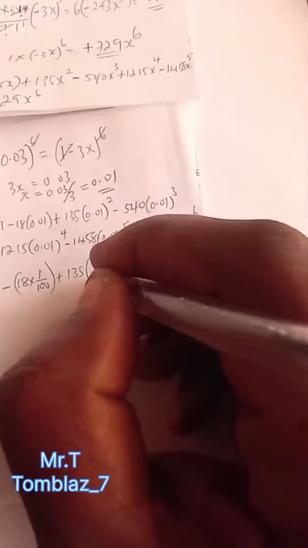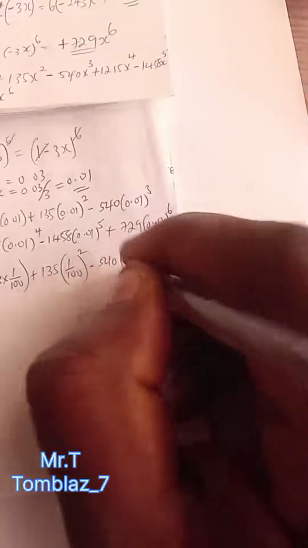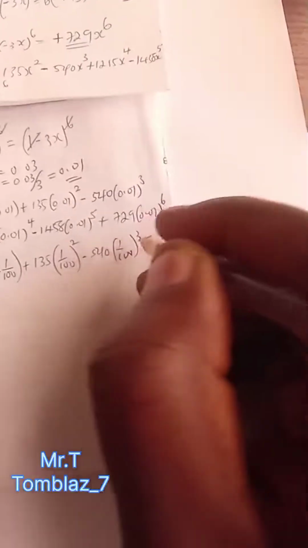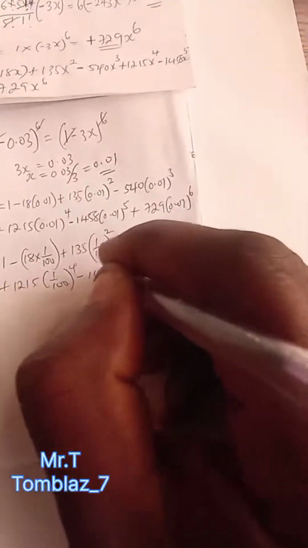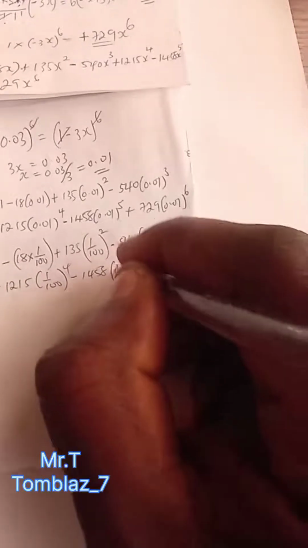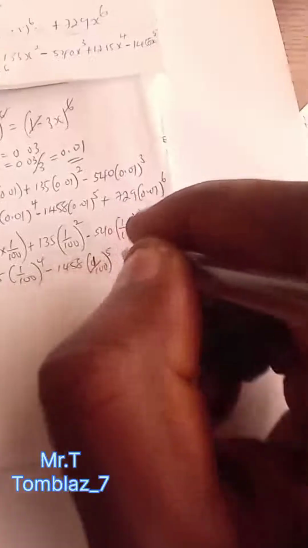Then plus 135 into 1 over 100 squared, then minus 540 into 1 over 100 raised to the power of 3 plus 1215 into 1 over 100 raised to the power of 4 minus 1458 into 1 over 100 raised to the power of 5 plus 729 into 1 over 100 raised to the power of 6. So this will be equal to 1 minus this value will all give us what?